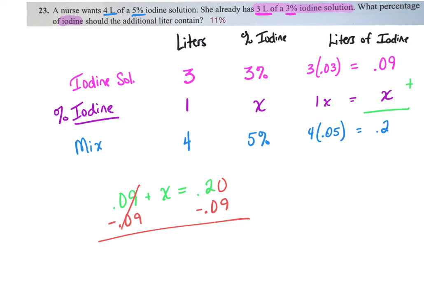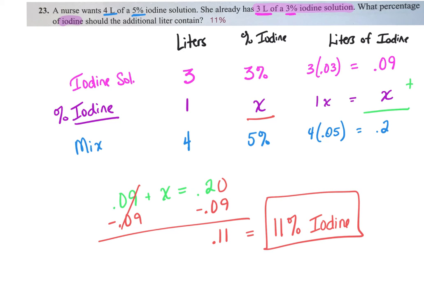So what's 0.20 minus 0.09? Yeah, 0.11. They want it in percentage. Am I in percentage yet? No. 11%. If my X is 11%, that is the mixture of iodine she's going to add. 11% iodine mixture that she's going to add to that.